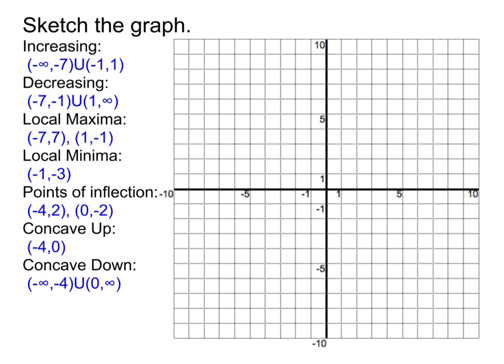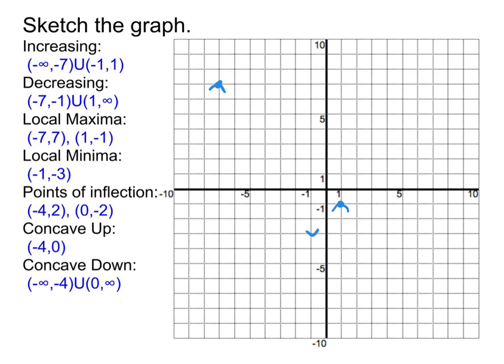All right, first thing I do is I plot the actual point. So negative 7, 7, that's going to be a maximum. And at 1, negative 1, we also have a maximum. We got a minimum at negative 1, negative 3.